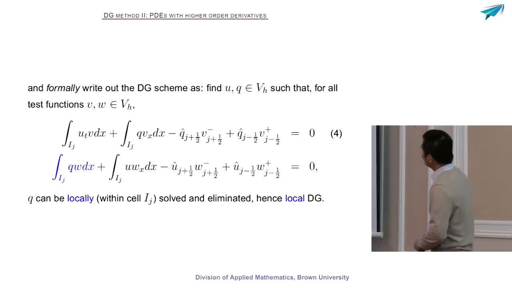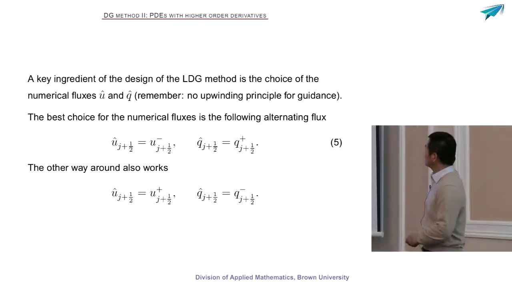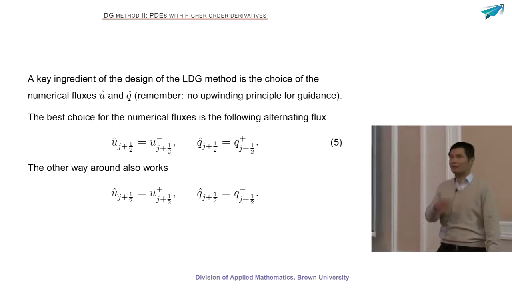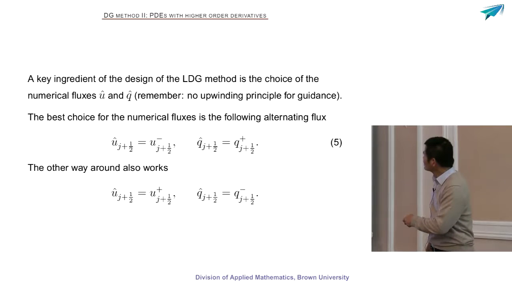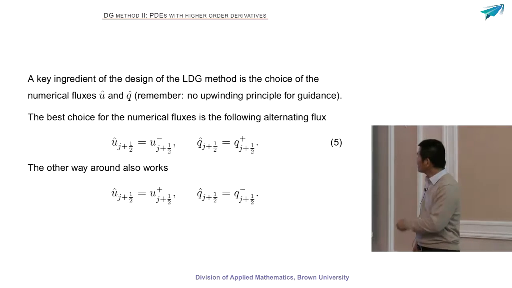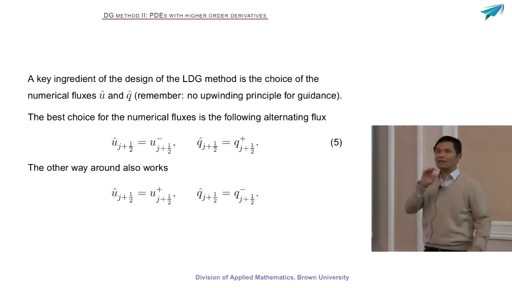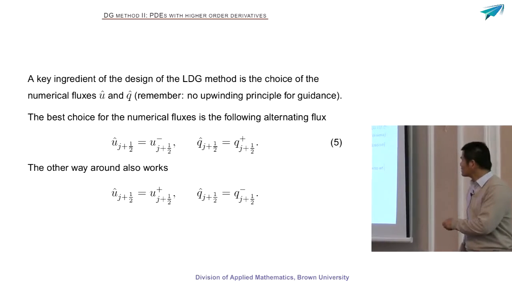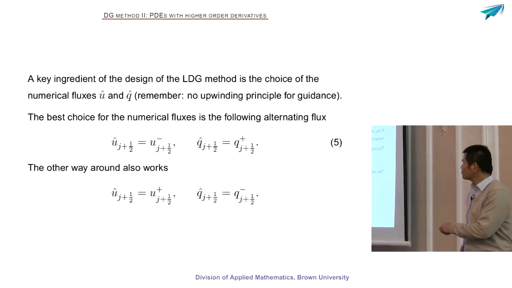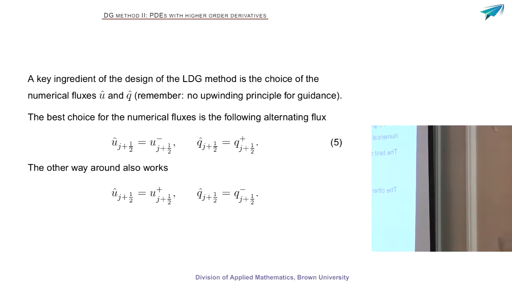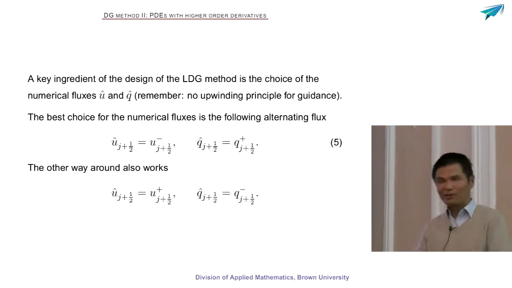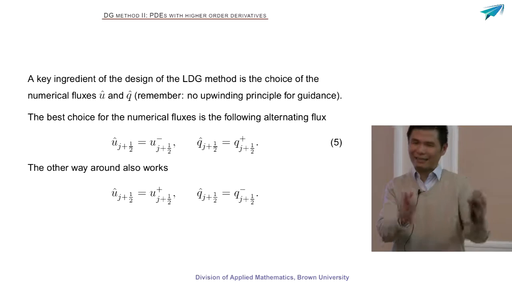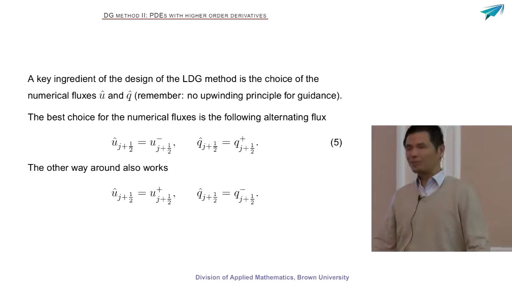Okay, so here we wrote a different thing, but if you use just the central difference, U hat and Q hat, if you use U minus plus U plus over 2 and Q plus plus Q minus over 2, you will get good results and you get very nice both tables of convergence and good pictures.